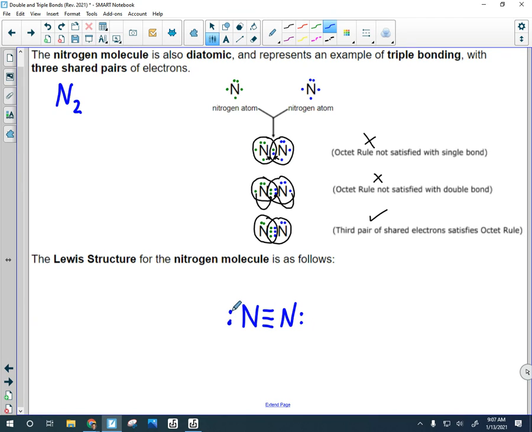The idea is these are negative electrons. They're going to get as far away from each other as possible. The bonding region is negative, and so it's going to push those electrons out to either side. So that is our N2 molecule. The octet rule is followed. All right, any questions at that point?